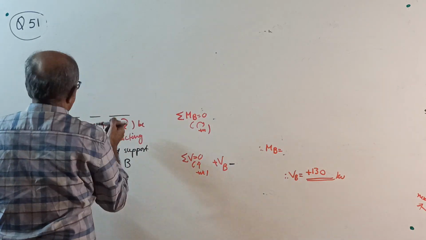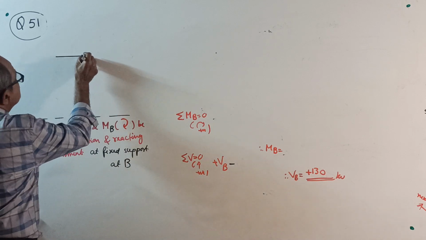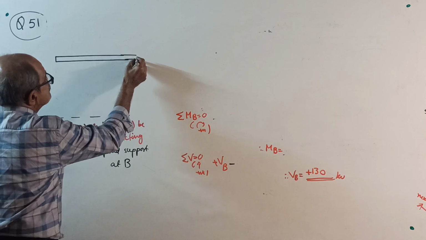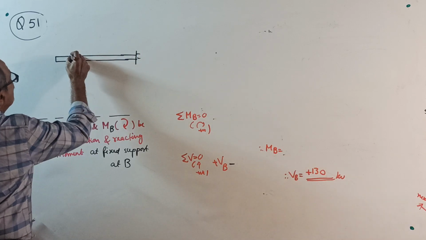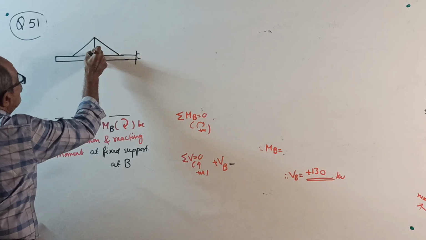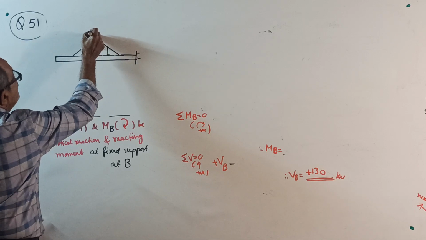51. I will give the beam here, question. Once again, fix that side. Full span this way already told earlier, 20 kilonewton per meter.